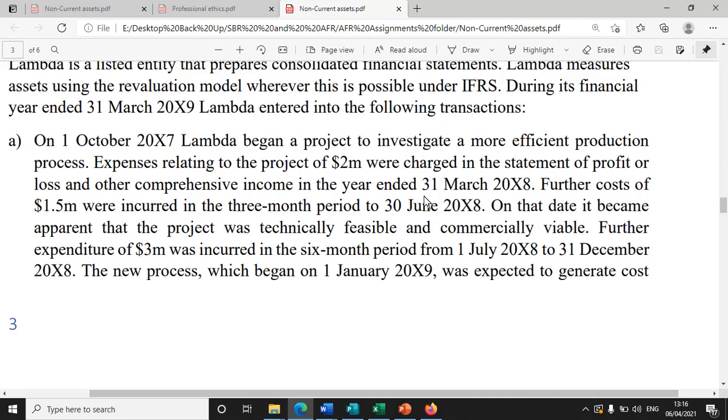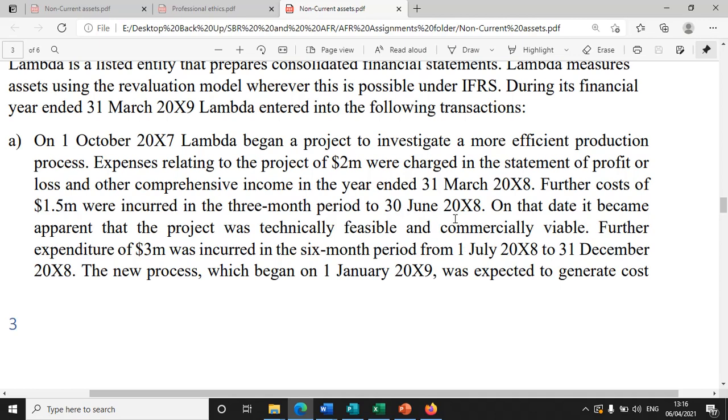So I want to make some comments here. On the date when we attain commercial viability, we must stop expensing and start capitalizing, because now we have what we call development expenditure. Now, which date is that? I think it is 1st July.